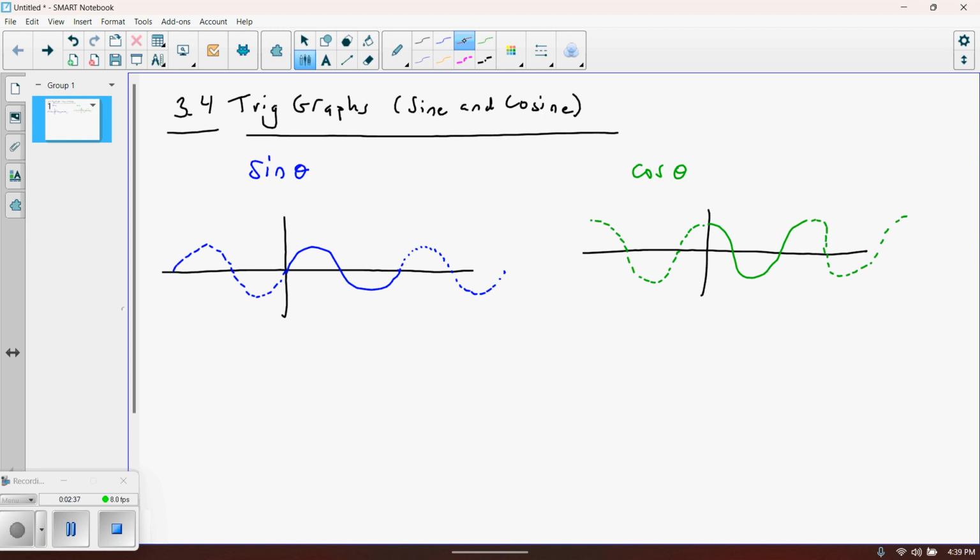So again, there's some key components here. What you should see is that each one of these curves has a maximum. It's got a top value and a minimum. It's got a bottom value. In both cases, it's got a maximum and a minimum. And each one of them is basically a cyclical wave that's going to keep on going.